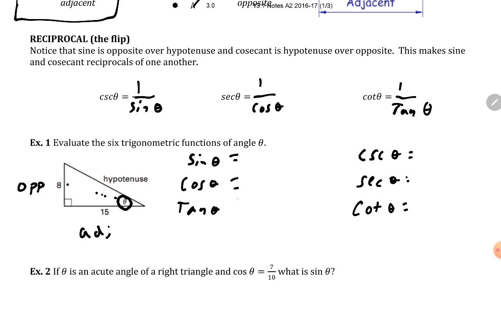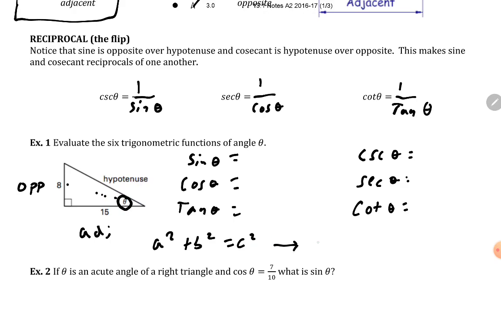Remember, these are all just ratios, and we need to find out what the hypotenuse is before we continue. To find the hypotenuse, if you remember, is the Pythagorean theorem: a squared plus b squared equals c squared, c squared always being the hypotenuse, in which a and b are the legs of a right triangle.